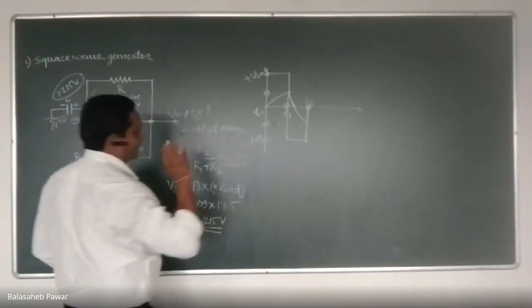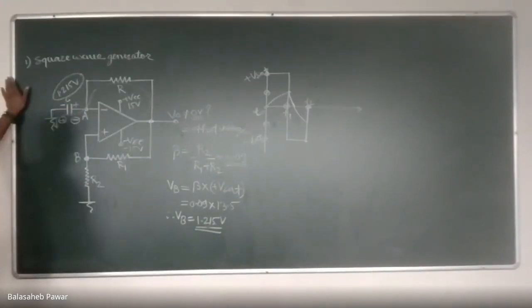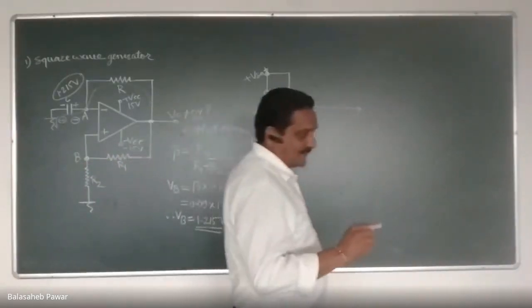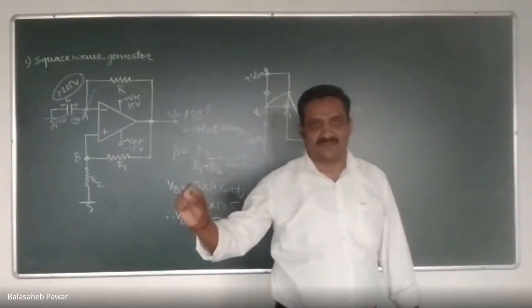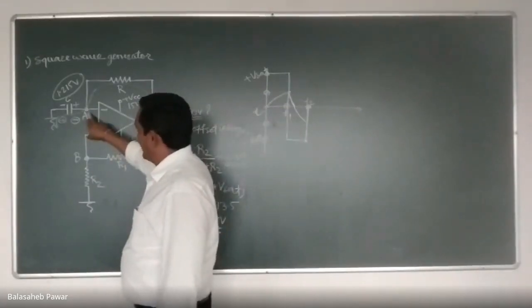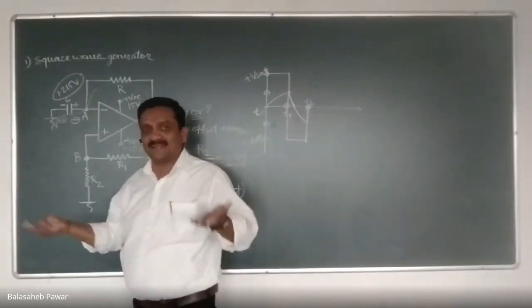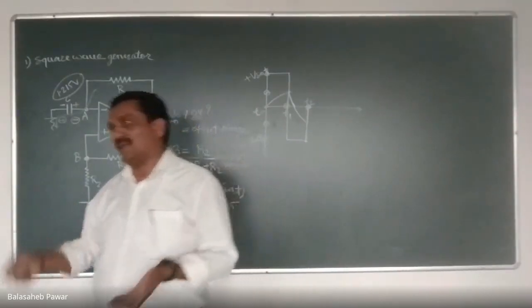Are you getting it? So at t equals T2, the op amp output becomes 0, because the voltages at A and B are equal, that is minus 1.215.